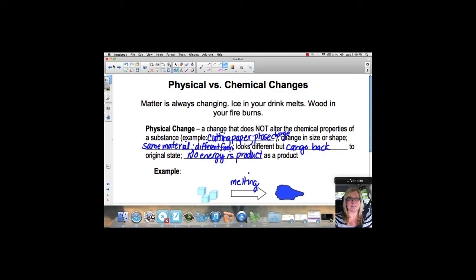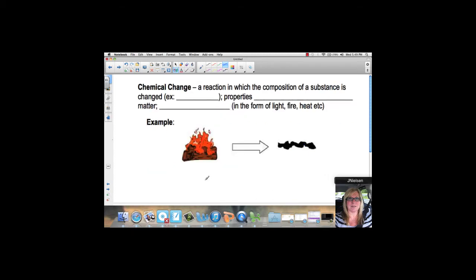Now, how does that differ from a chemical change? A chemical change is a reaction in which the composition of the substance is changed permanently, like rusting. If I take a can and I leave it outside for a very long time, it'll rust, and it'll get to the point where it'll disintegrate and fall apart. I can't get my shiny can back.